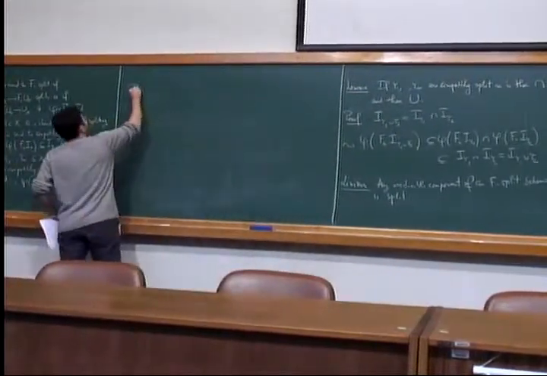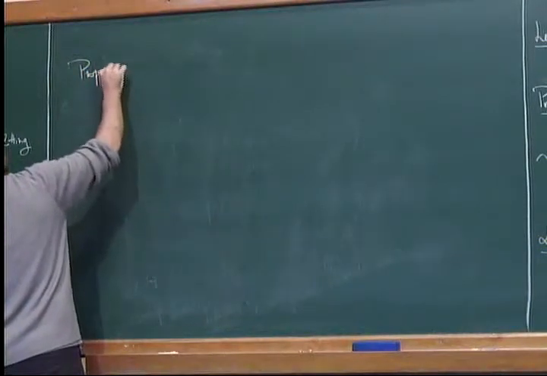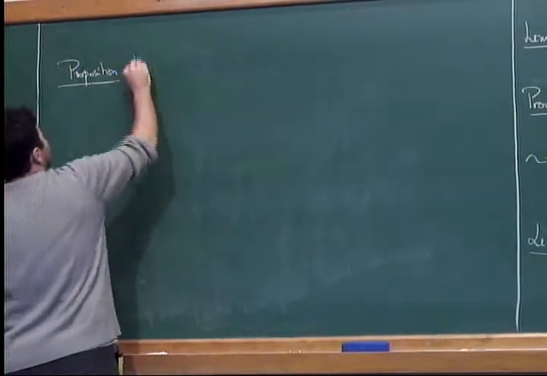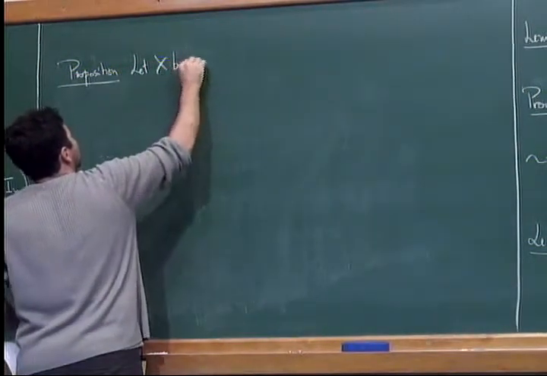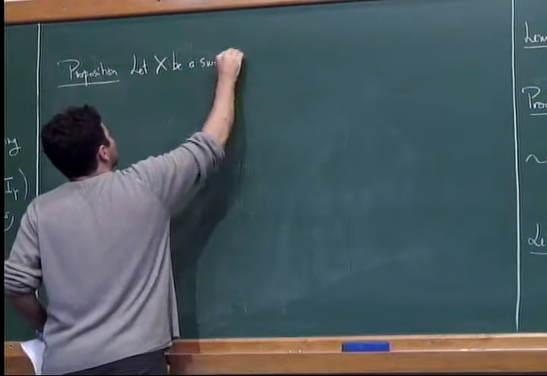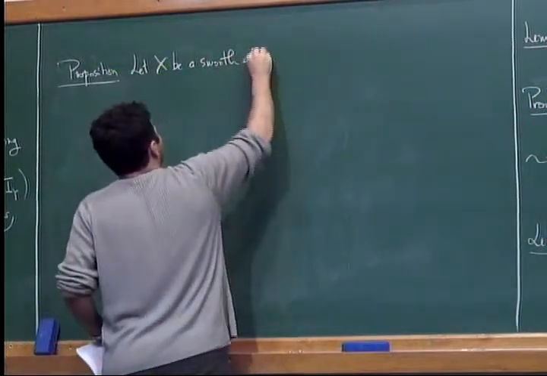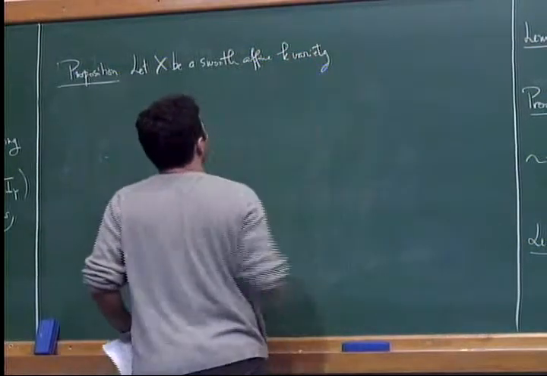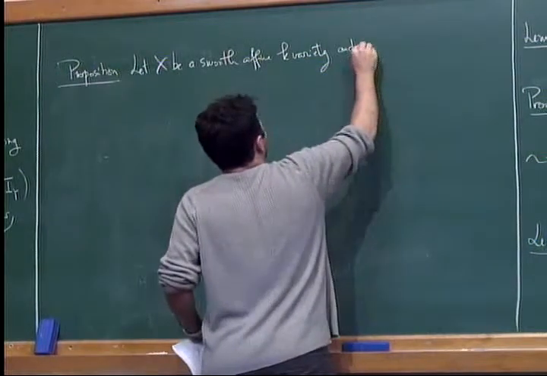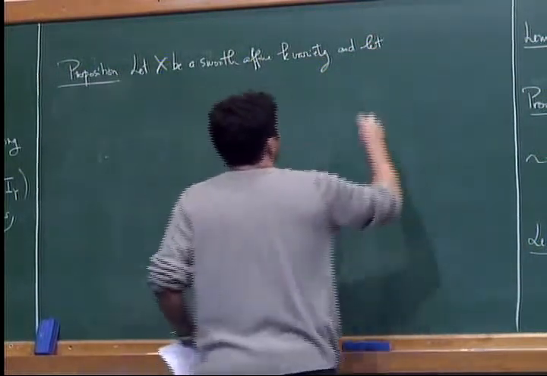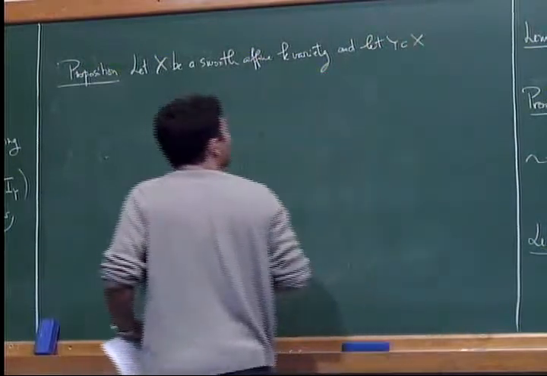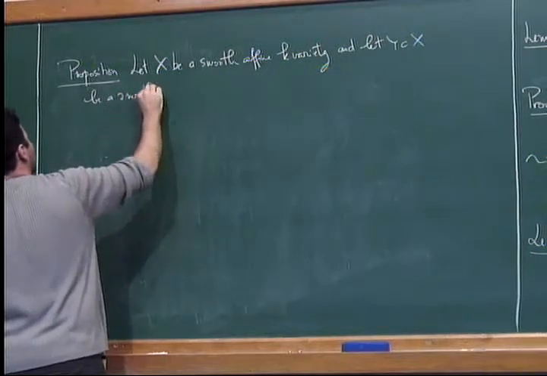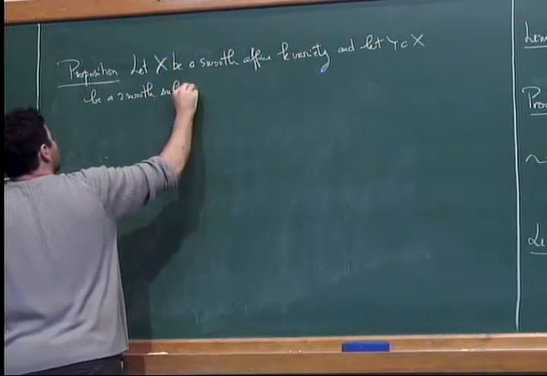Proposition. Let X be a smooth affine K-variety, and let Y be a smooth subvariety.